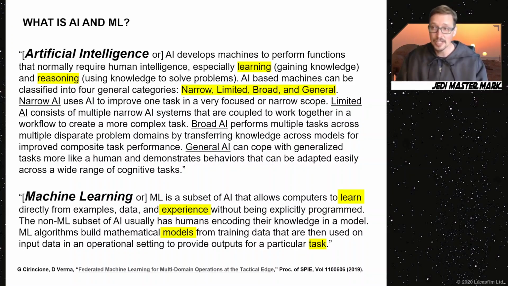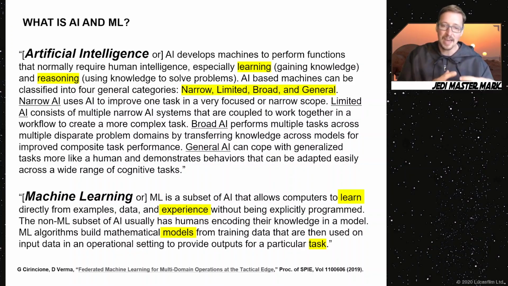In machine learning, you're gathering the data and the experience and allowing these algorithms to be trained on that. So you have these mathematical models or algorithms that use this training data to optimize the model parameters.